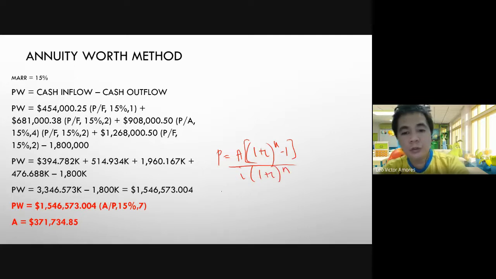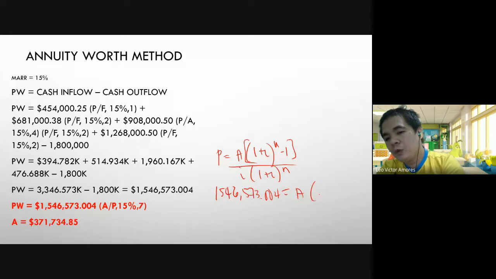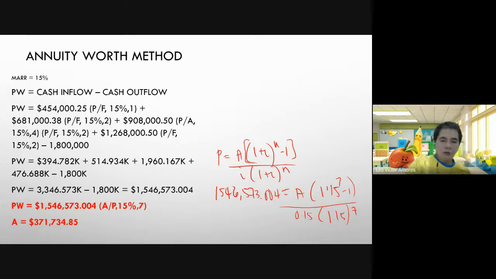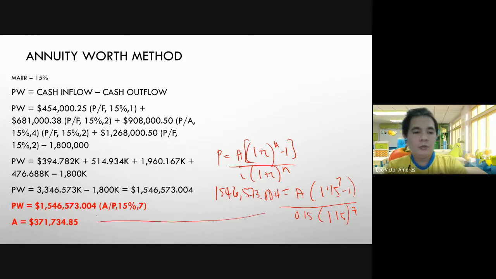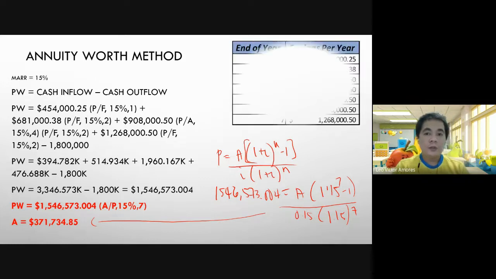Your P is equal to 1,546,573.004 equals A times 1.15 to the 7 minus 1 divided by 0.15 times 1.15 to the exponent of 7. So, this will give you the same answer. Next.